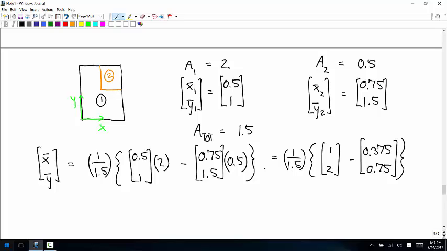Can someone calculate that? Okay. 0.834.